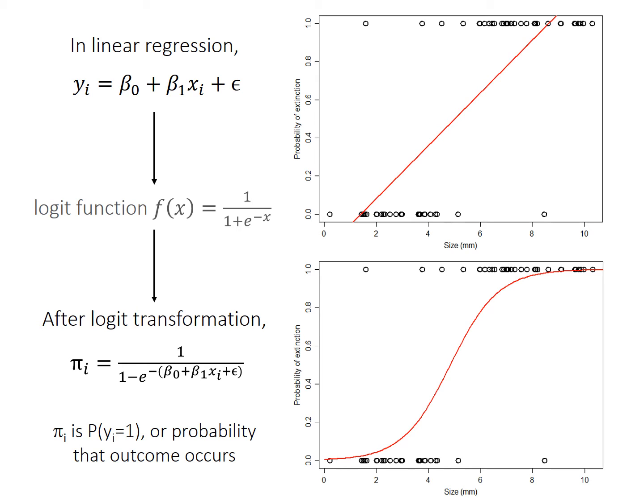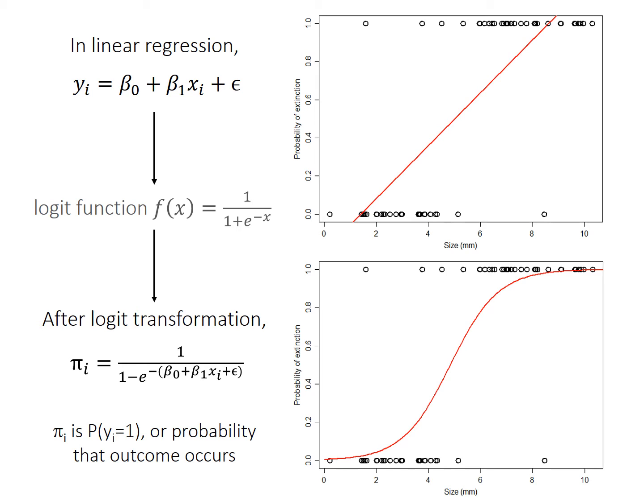But after applying this Logit function, we then get the equation at the bottom where pi i is the probability that the outcome occurs. So pi i is the probability that y equals 1. And so the regression line now, after transforming it with the Logit function to get 1 over 1 plus e to the minus the linear equation there, is now bound between 0 and 1, which is what we want, this curved regression line here.